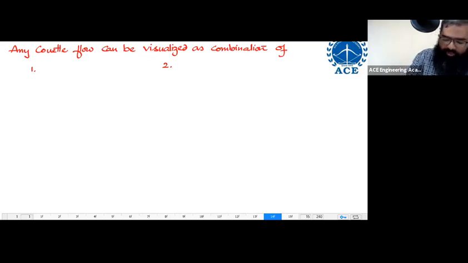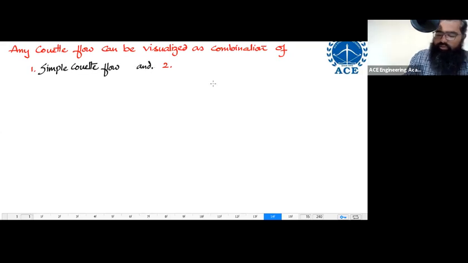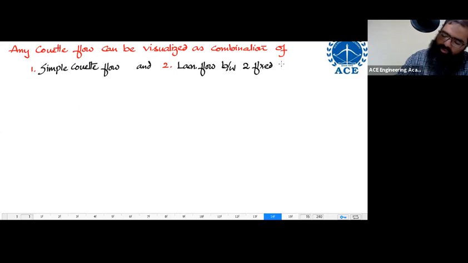Which two things over here? Combination of, first thing is simple Couette flow and laminar flow between two fixed parallel plates.